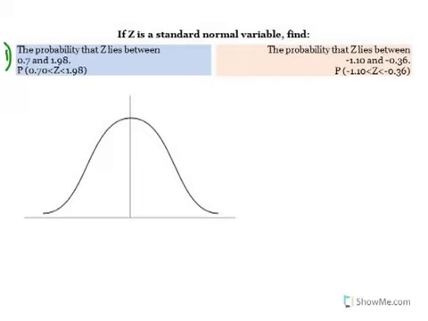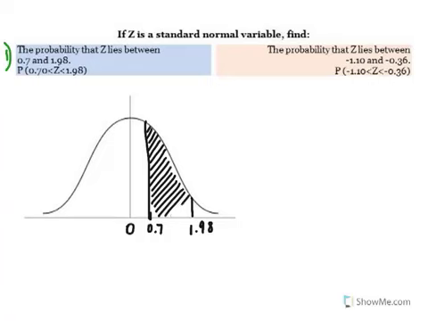The mean is 0 here, and the first z is 0.7, so it's probably right over here. And the other one is 1.98. All the question is asking is to find this area in between, bound by two z-scores.